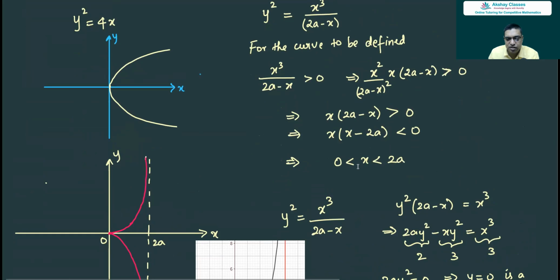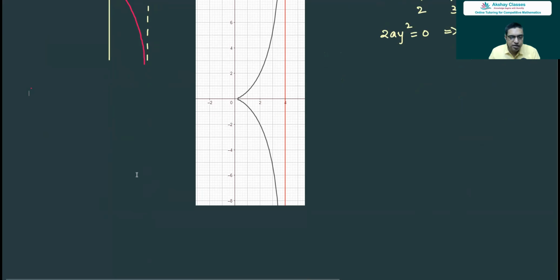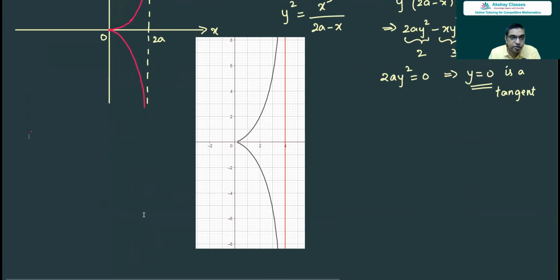Very simple concepts we have used to trace the curve. The curve is passing through the origin. Equate the lowest degree terms to 0 and you get the tangent, and then find out the domain where y exists for certain values of x, and then just by simple logic, we have drawn the curve. Okay, so this is about tracing the curve.